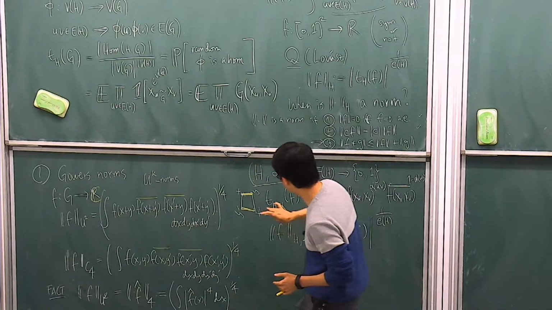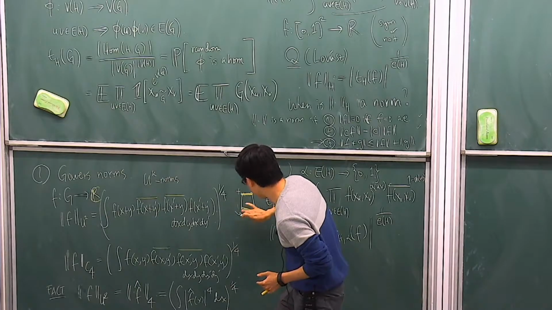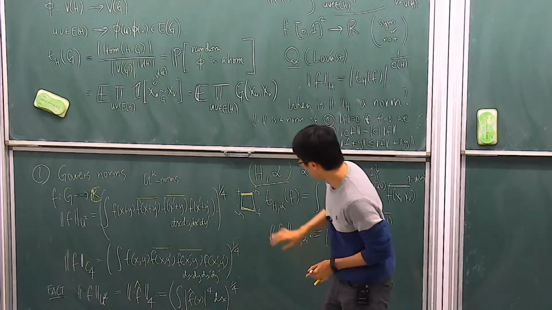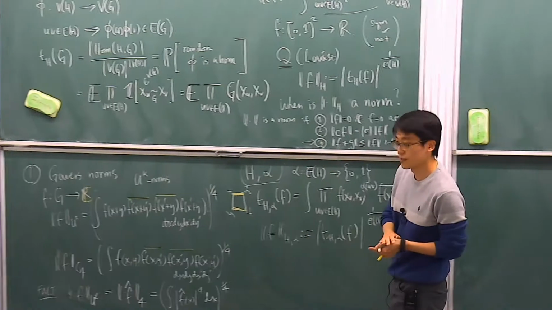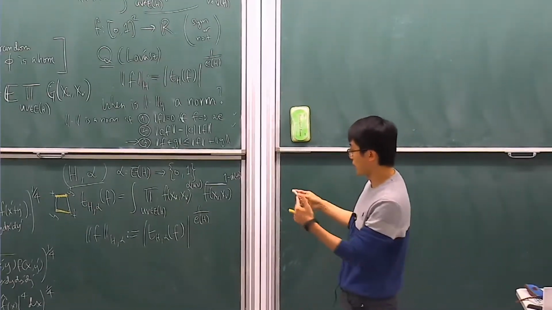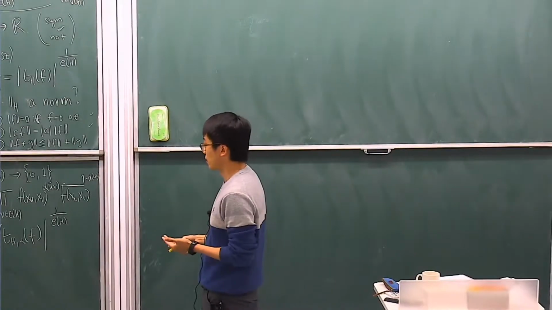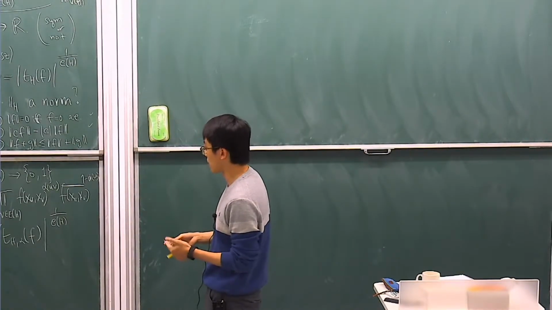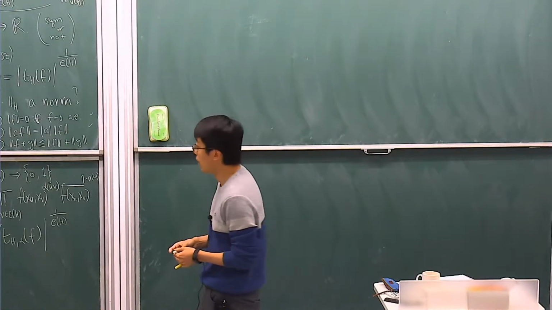Is that right? Or the other way around? X. Yeah, so this is how you define the homomorphism density for complex valued functions and the corresponding norms.